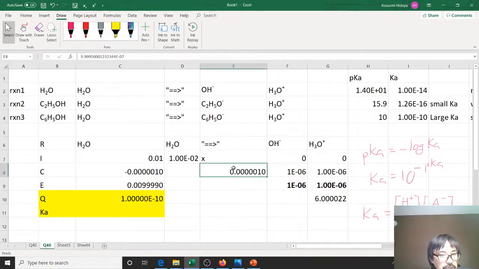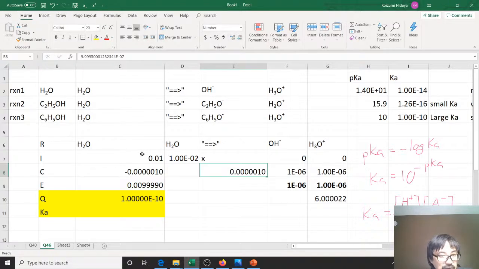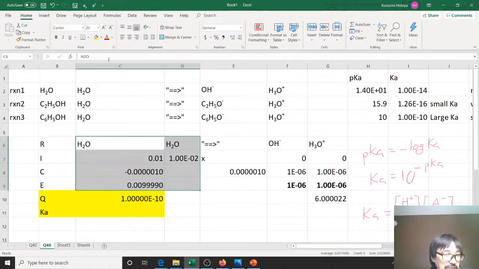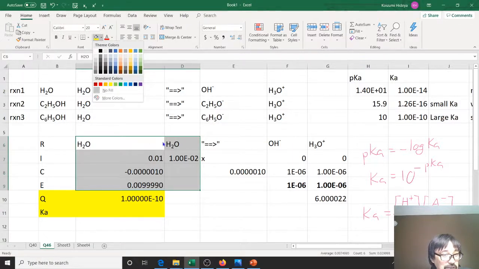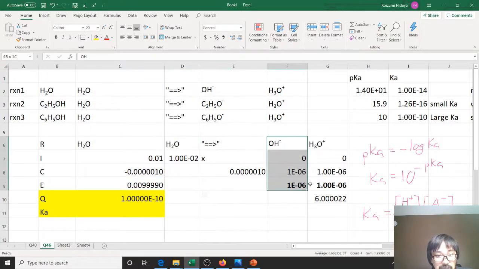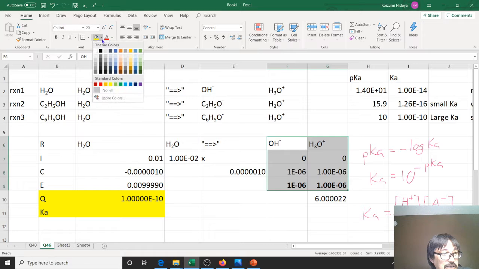And then the change right here. Yeah, you already guessed that I don't really need to do any of these, right? Because this is a pure liquid. Both H2O and H2O are pure liquids. I don't really have to do this, but I'm just doing it for now.